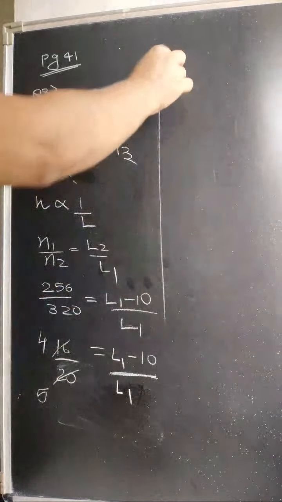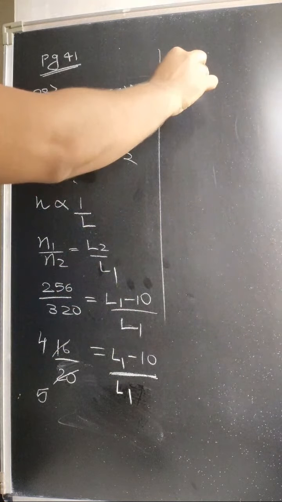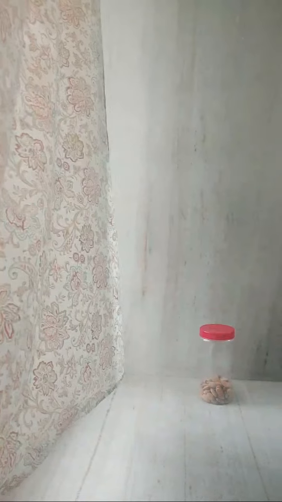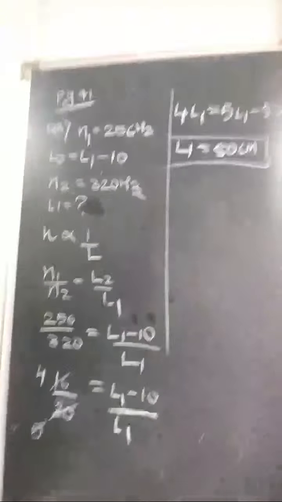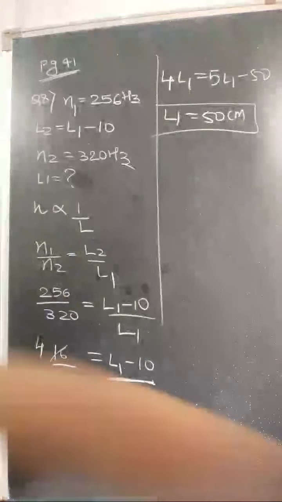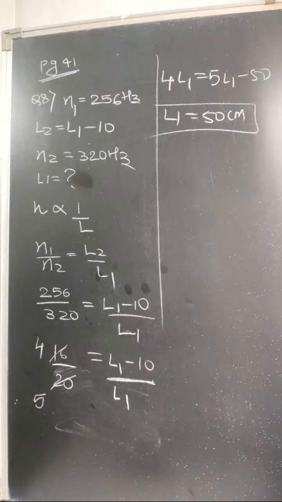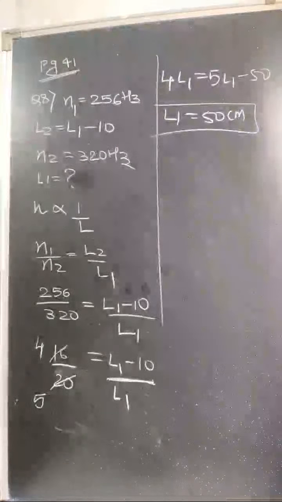Now cross multiply, so 4L1. I hope it is clear now, everybody.